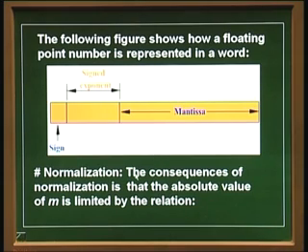The consequence of that is that the mantissa M is limited within this range: it has to be less than 1, and it has to be greater than or equal to 1 over the base, because the bit which represents 2 to the power of minus 1 is always 1. So that means the mantissa is always larger than that.